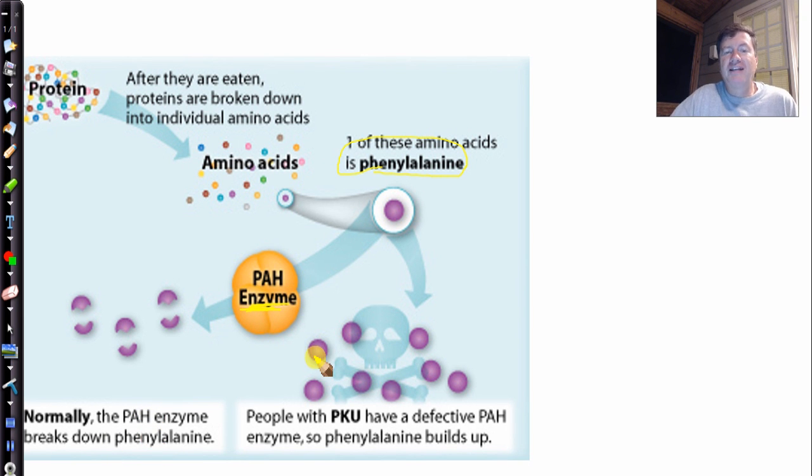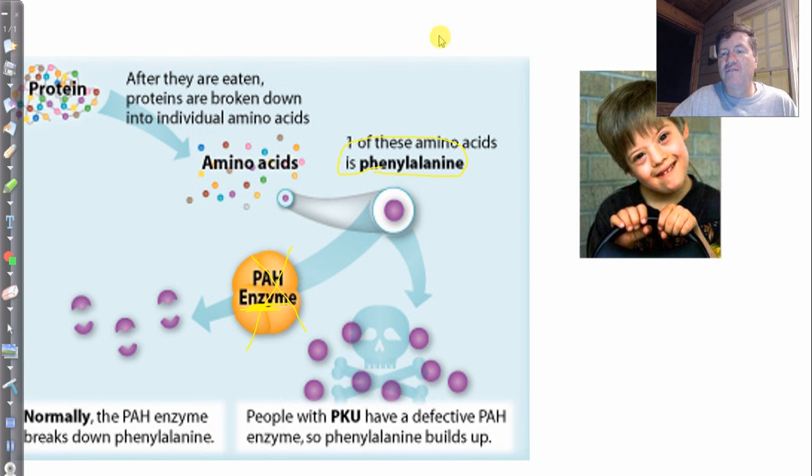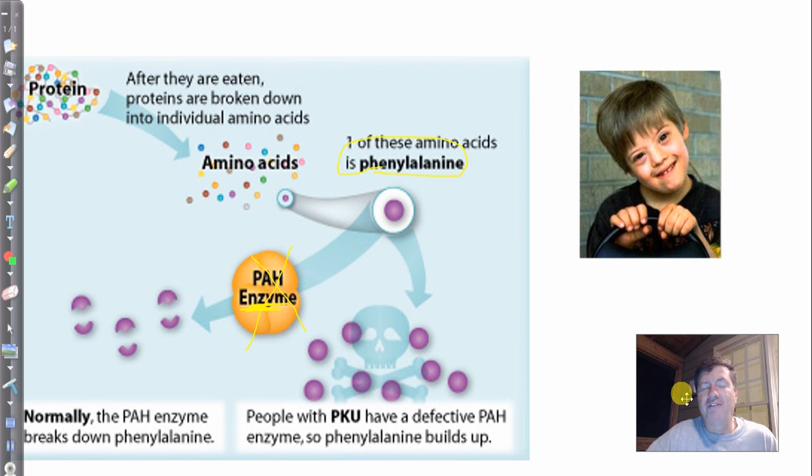If someone has PKU, they lack this enzyme. So what happens to phenylalanine is it accumulates in their system, and it builds up to dangerous levels. The people that are most prone to seeing the effects of this are very young children who are still in brain development.